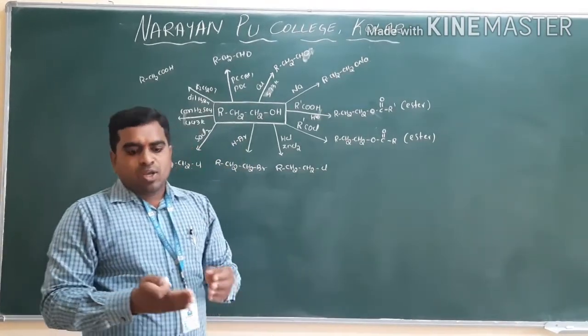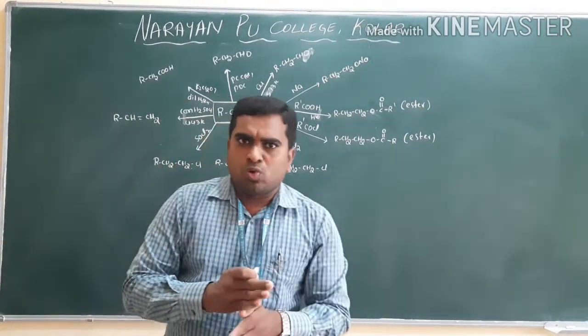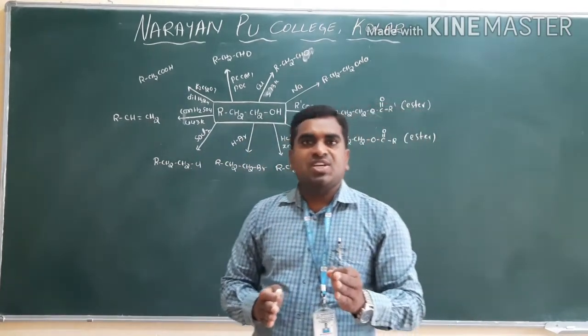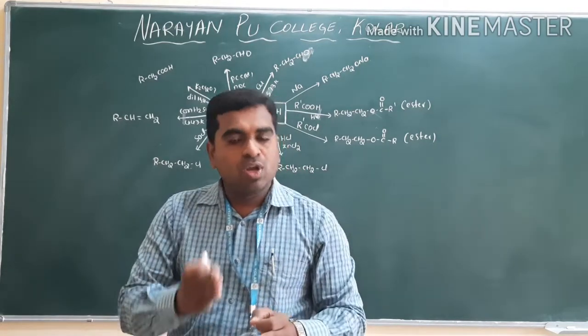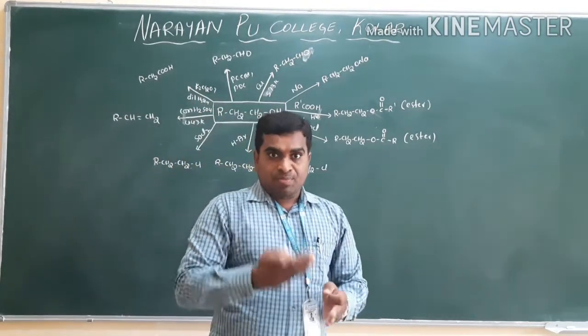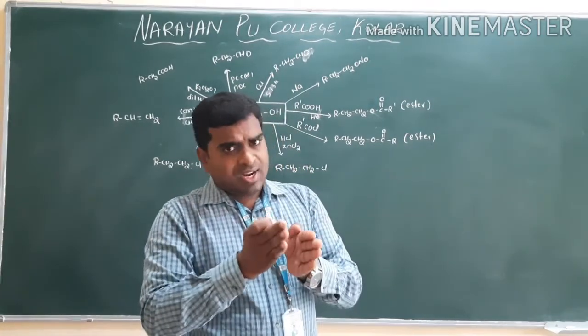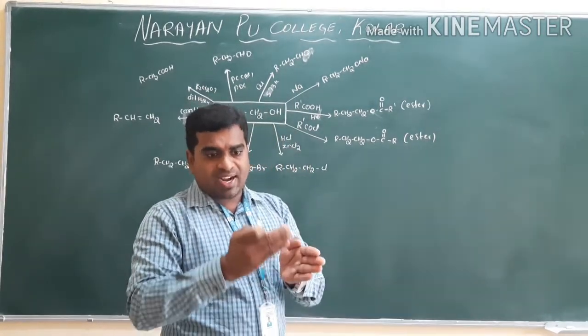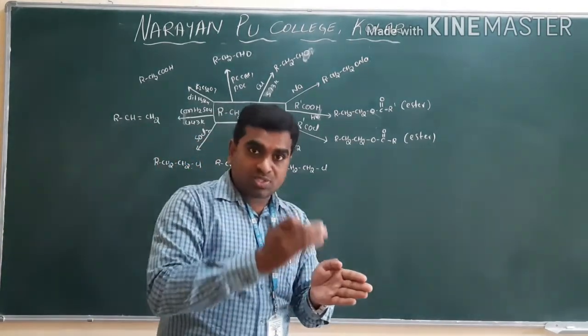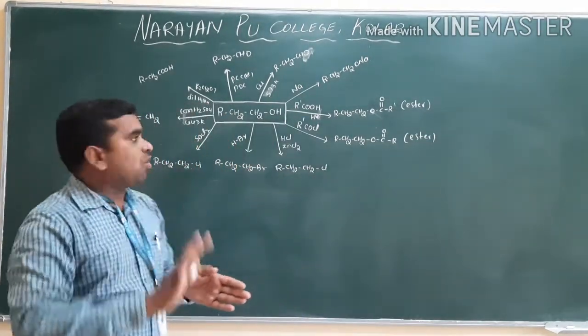Tertiary alcohol does not undergo oxidation easily, but if you use a strong oxidizing agent like concentrated H2SO4, which can act as a dehydrating agent, in the first step dehydration takes place and you get alkene. The alkene is further oxidized into ketones and carboxylic acid, that we have already discussed.